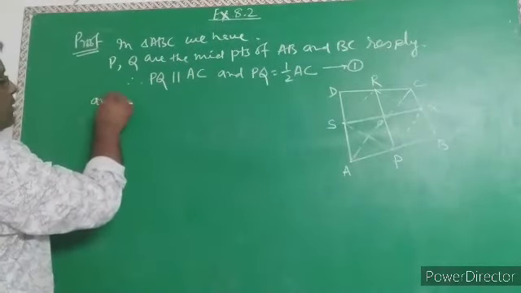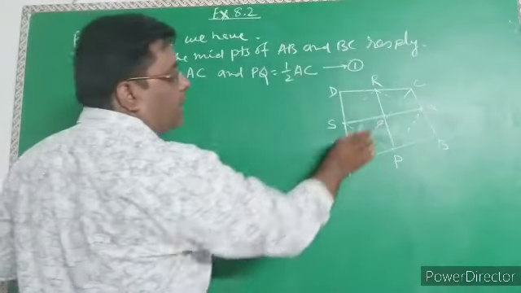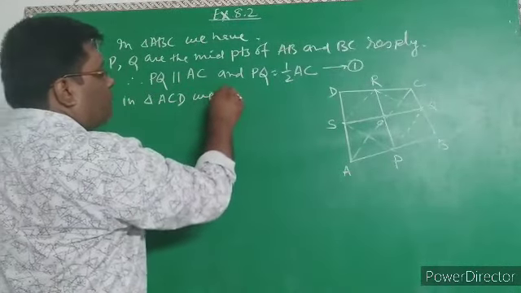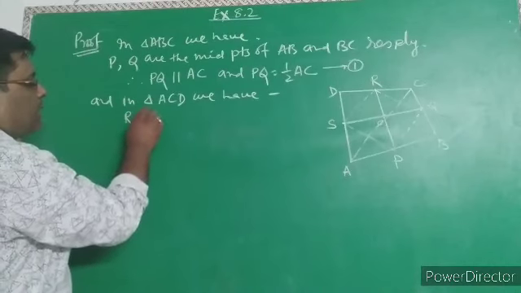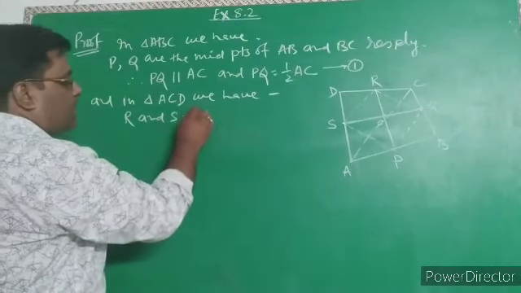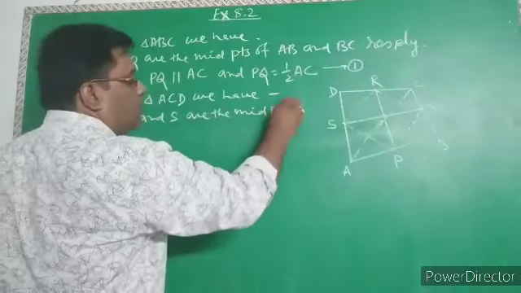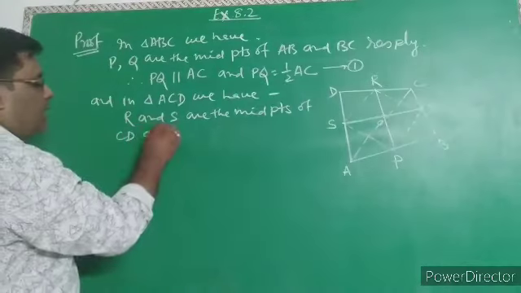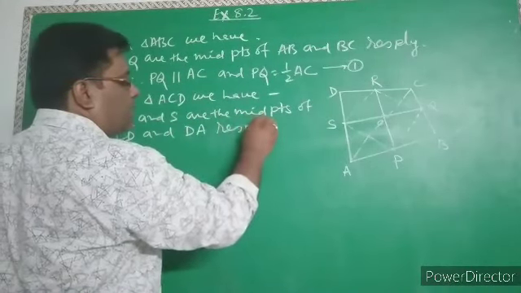And in triangle ACD, we have R and S are the midpoints of CD and DA respectively.